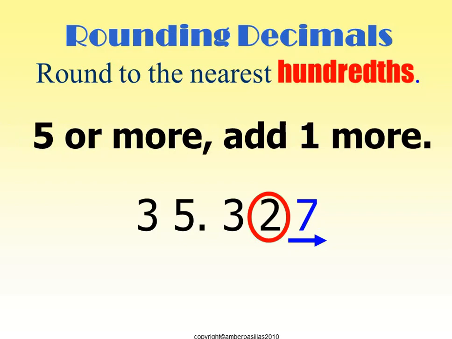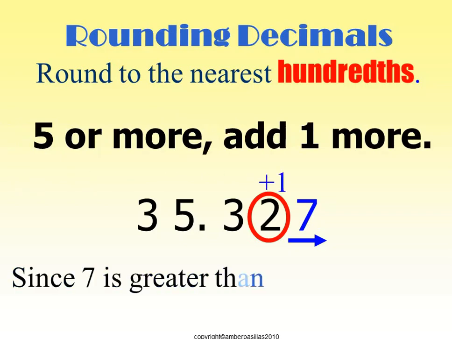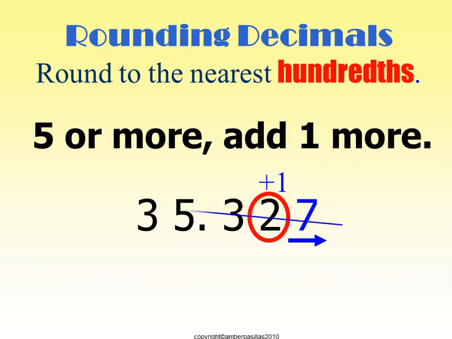So 2 will be 3 and the 7 will be 0. And I will read it as you can see here. I will put it as 35 and 33 hundredths.